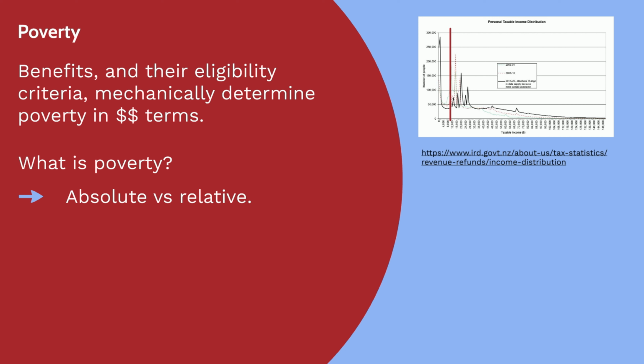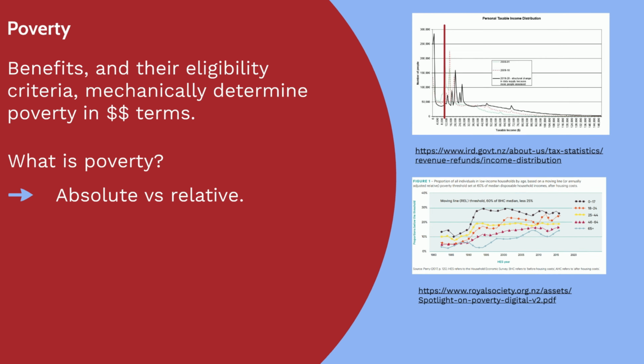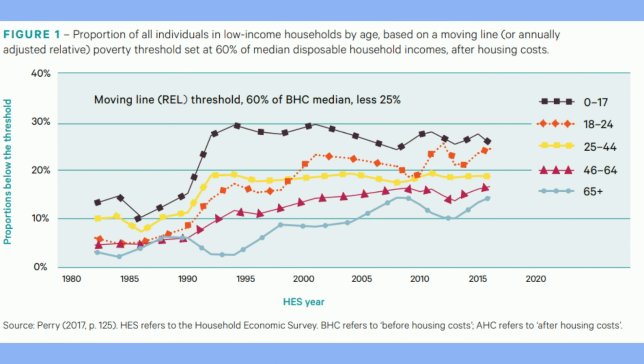But if it's about what the average person is earning and status within a society, then you'd think about the benefit level differently, and you might make sure that people receive a higher payment as wages tend to rise more quickly than prices, even if they're not right this second. Now, as you can see here, we have all these different age groups with what's called a relative poverty threshold.